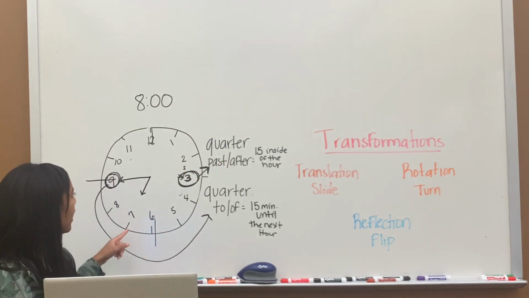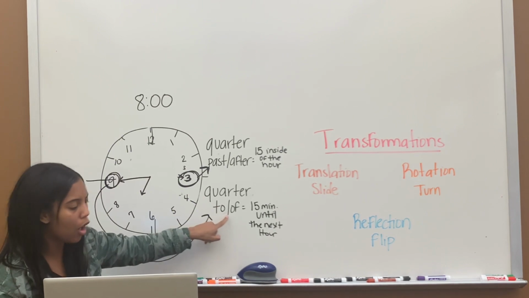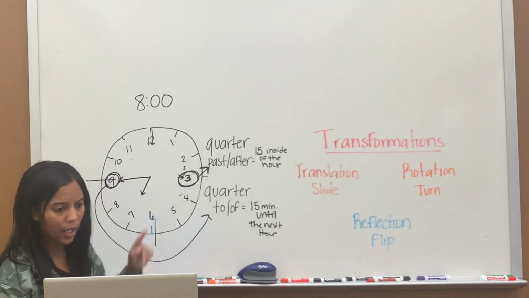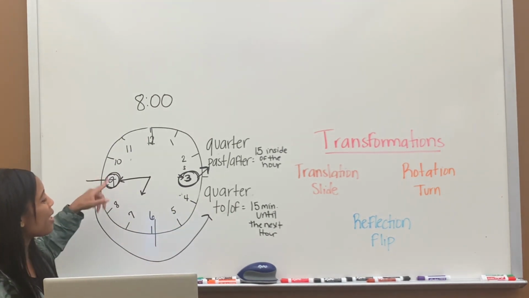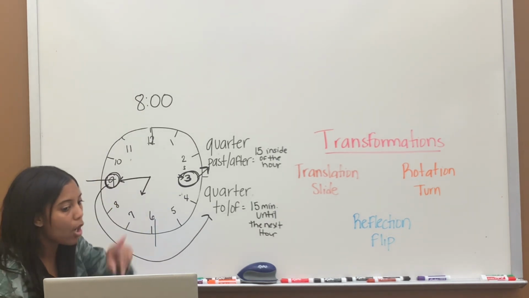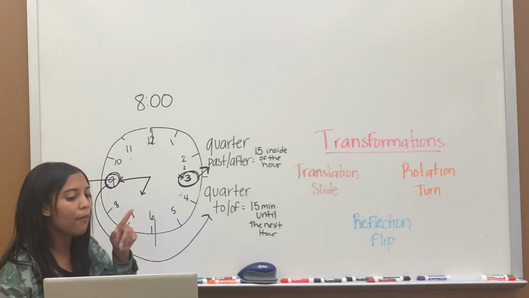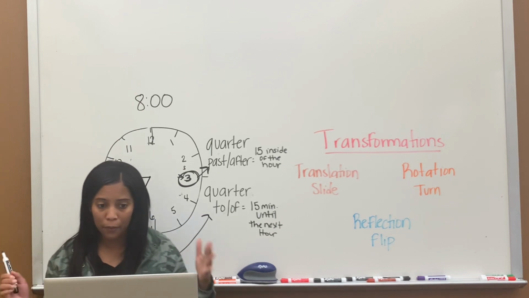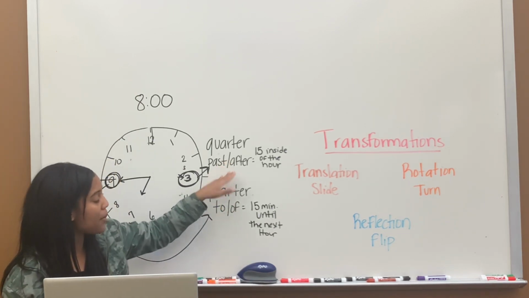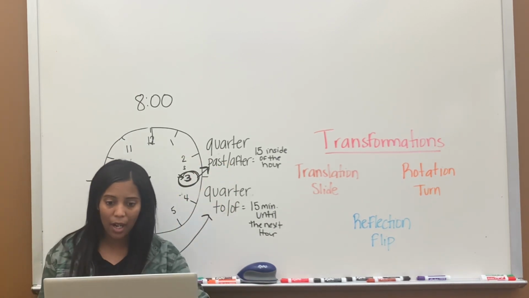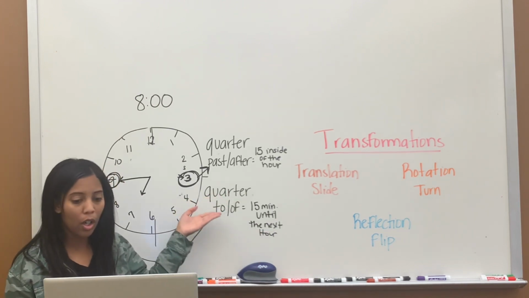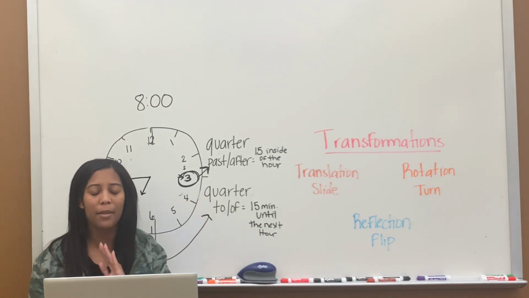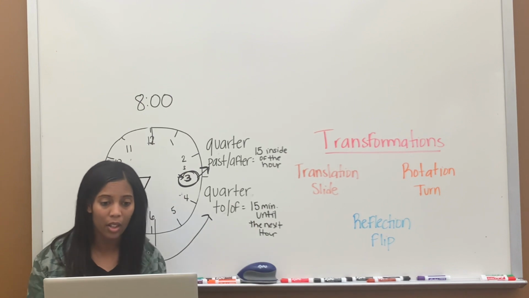But if I said it's a quarter to or a quarter of 8 o'clock, then that means it is not 8 yet, but it's almost 8. So it's 7:45. Both of them mean 15 minutes. Quarter past means 15 minutes inside of the hour. Quarter to or of means 15 minutes until the hour.